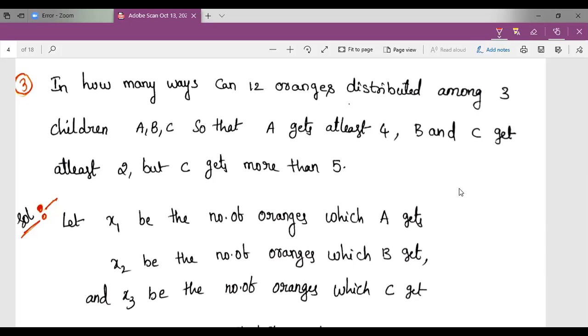So we have to find how many ways 12 oranges can be distributed among 3 children. So here the total value is 12 and sharing among 3 children.